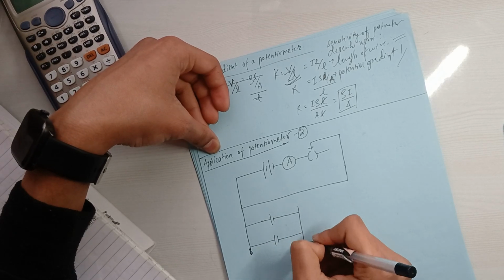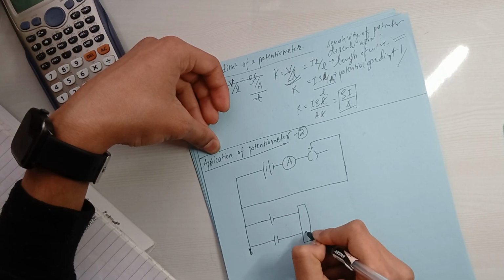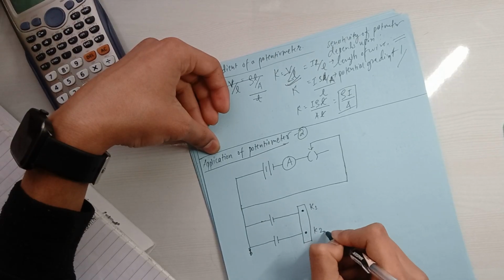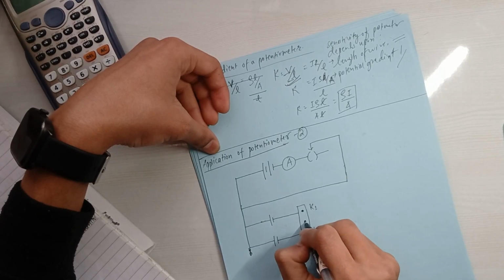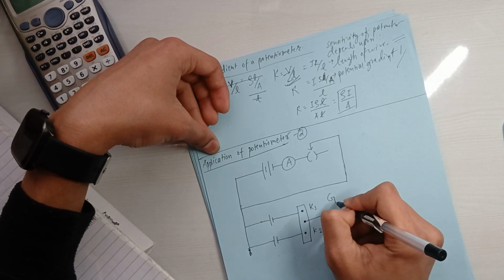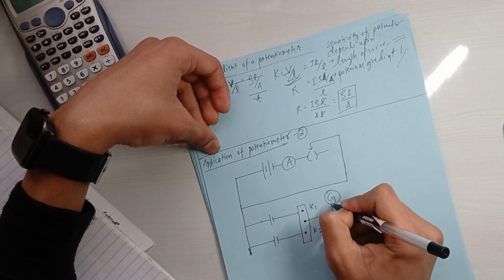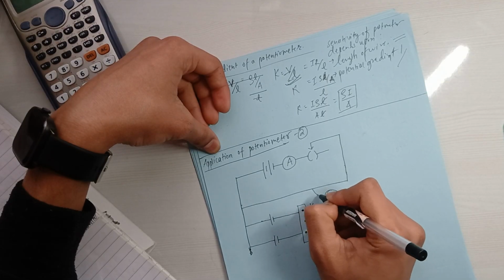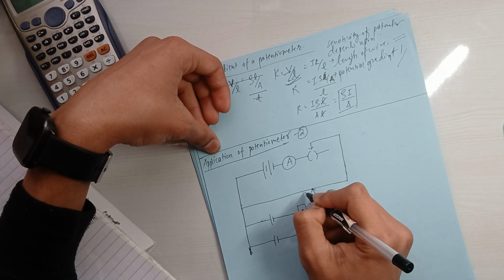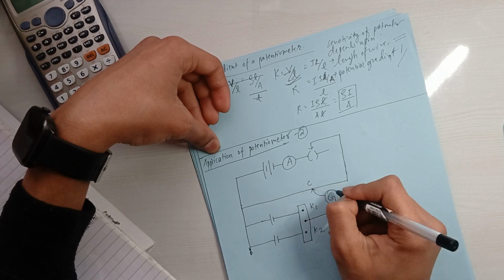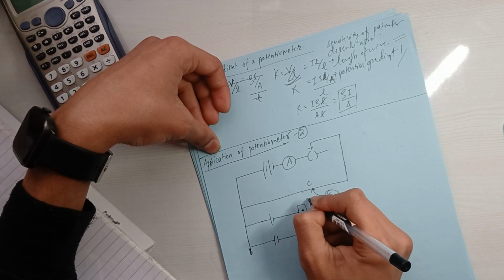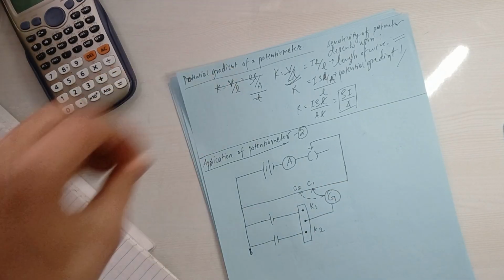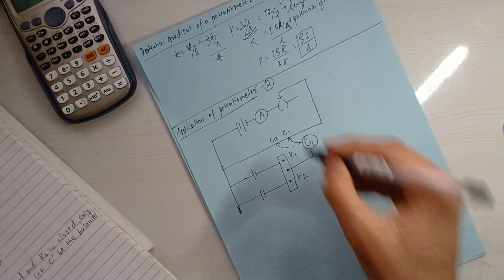There are two keys, K1 and K2, and only one line coming out from here, and there is a galvanometer joining these lines and the potentiometer wire. This is the potentiometer wire, and there is a jockey J. Let's say this is C, this is C1, this is C2. That is the figure you need.